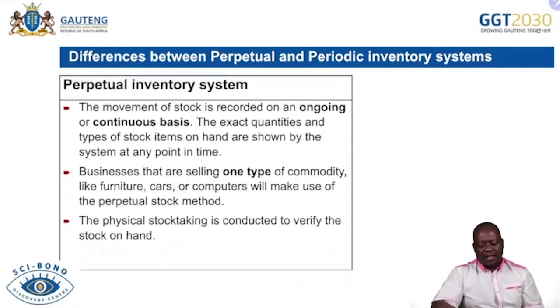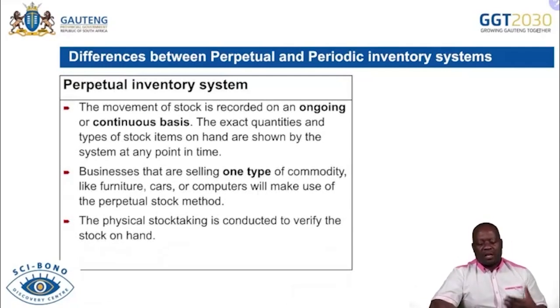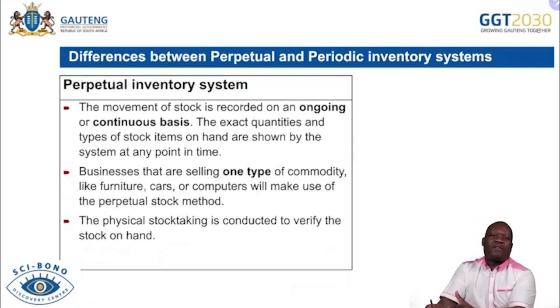Now, the businesses that are selling one type of commodity like furniture or cars or computers usually make use of this system. It's very easy for them. And then physical stock taking is also conducted when it comes to the perpetual inventory system, but not to find how much we have, but just to check our records versus what we have on hand.